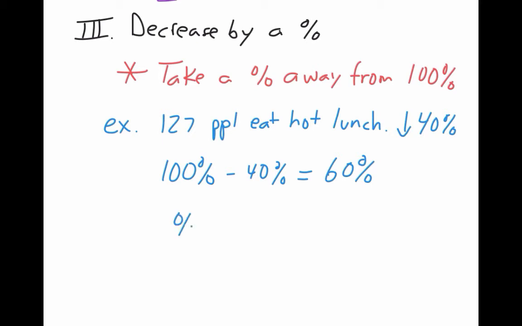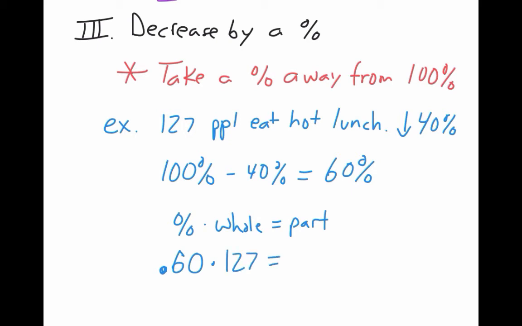So then when you do your percent times the whole equals the part, our equation from a couple sections ago, 60% would be 0.6, or I'll do 0.60 because it helps some people see that it's 60%, times the whole, which is my 127 people.